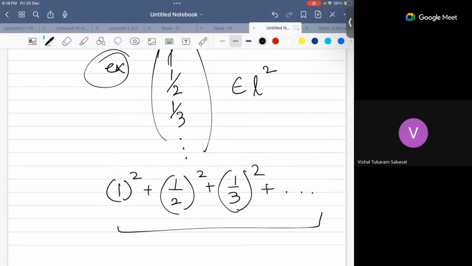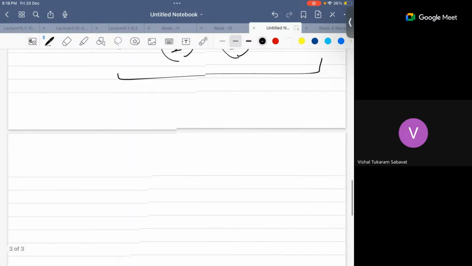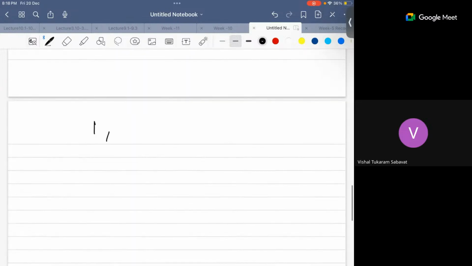Will you get anything if you do the summation? So it converges to a finite number, right? Yes, it converges to a finite number. So this sequence space is in L2.